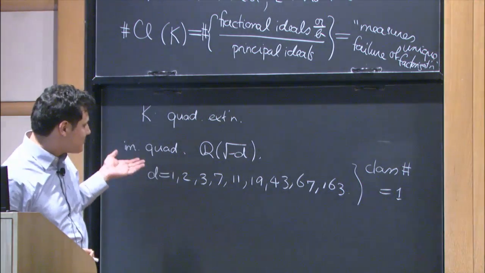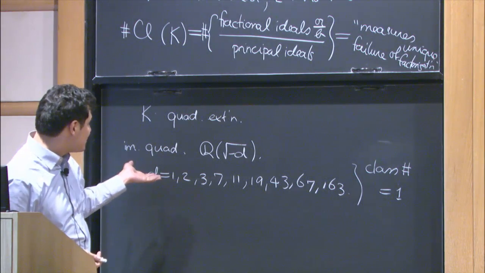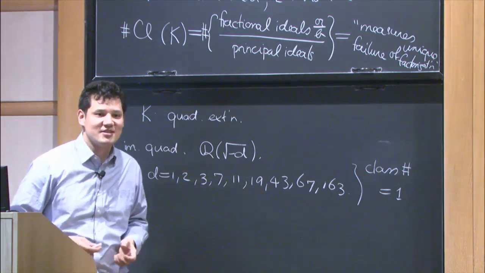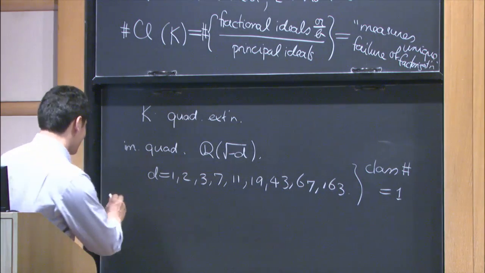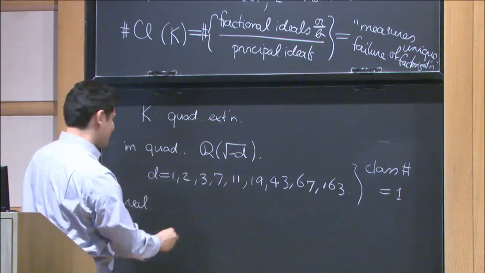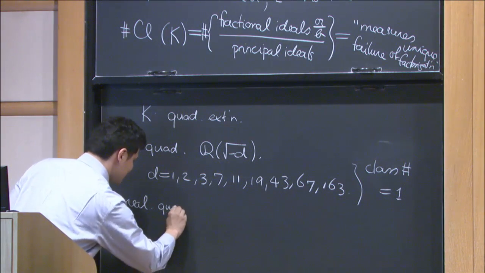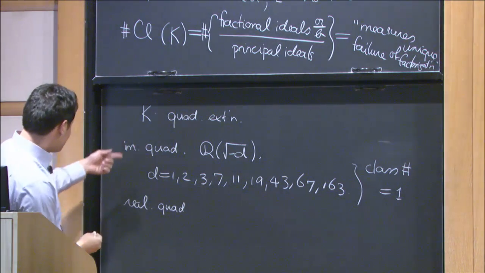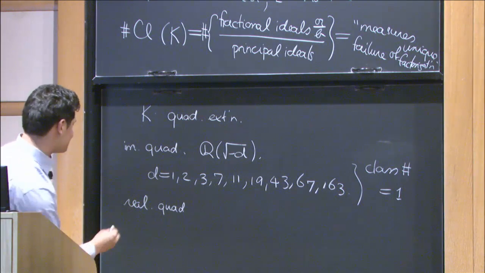And to give you a sense of how hard this was, this was not known about half a century ago. If you look at Castles and Froelich, where I learned algebraic number theory from, they weren't sure if they were 9 or 10 still. So it's a very hard question. And the corresponding question is for real quadratic fields.